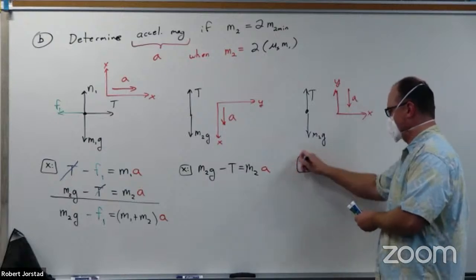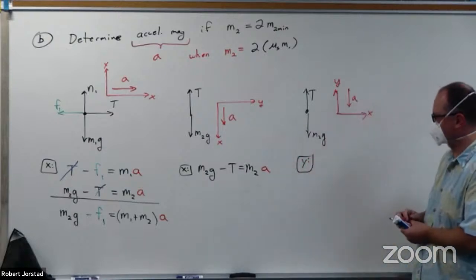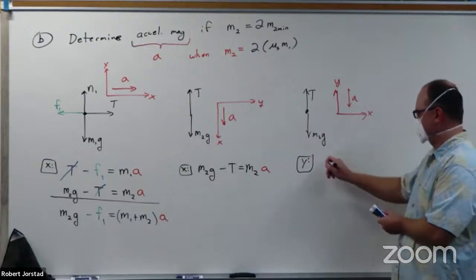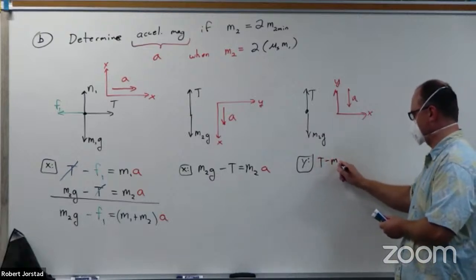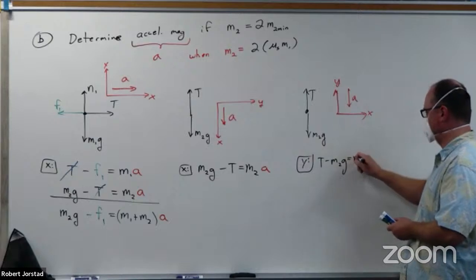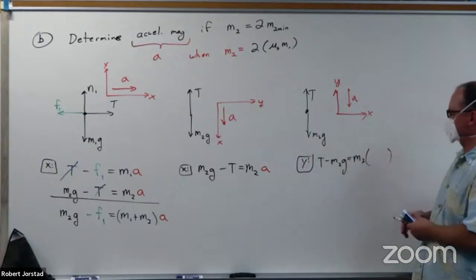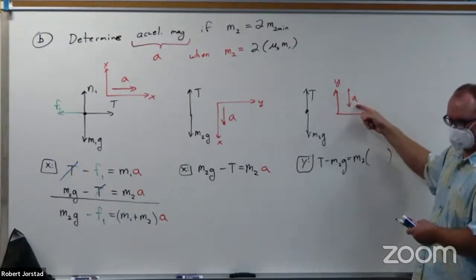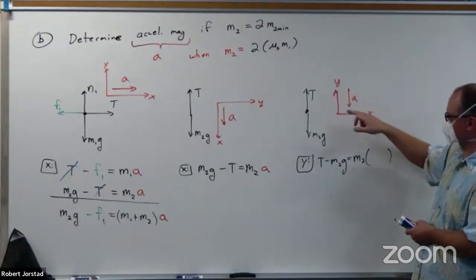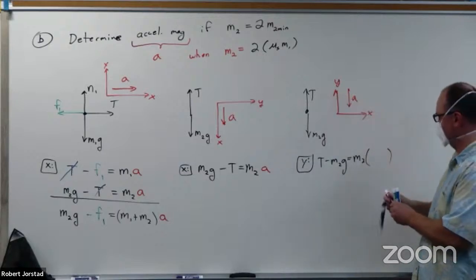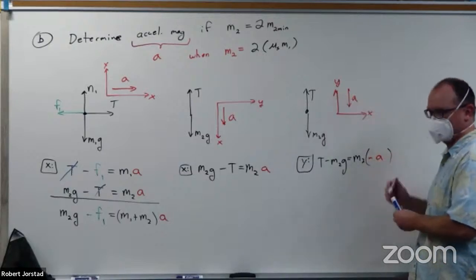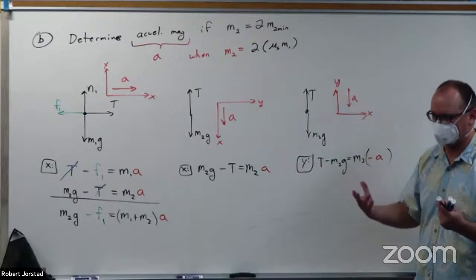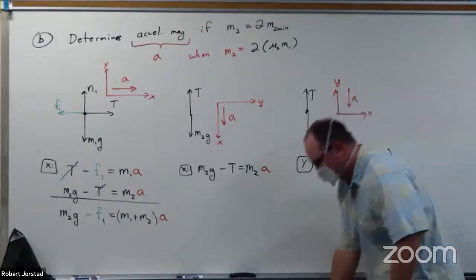What's the force equation here? T minus M2G equals M2 negative A, right? Because A is opposite the coordinate, and nobody remembers this negative sign, and then they miss their test, and then they have to retake and deal with me another semester. Not what we want.